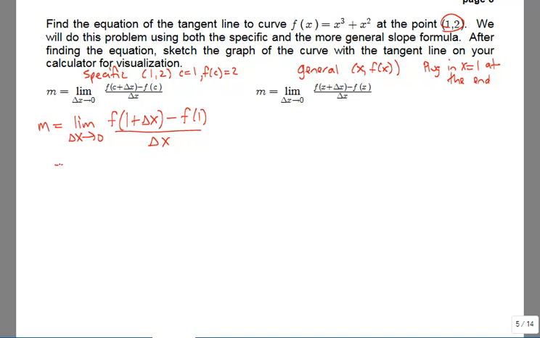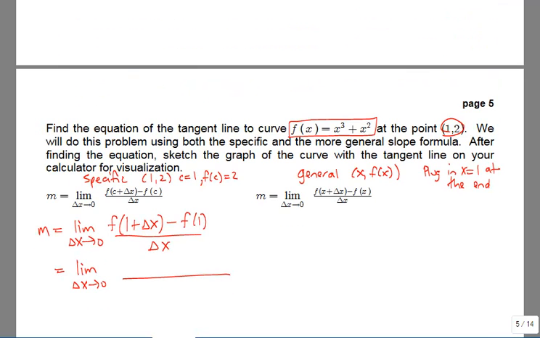So now if we plug in what we know, we want to figure out what f of 1 plus delta x is. To figure that out symbolically, we have to use our function rule up here. This is really like f of stuff equals stuff cubed plus stuff squared.